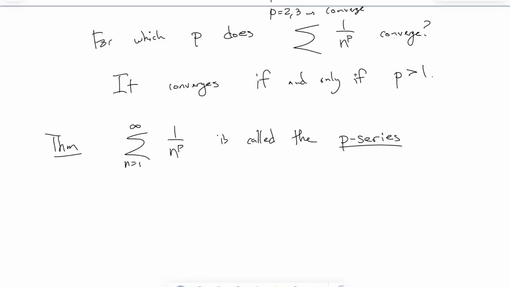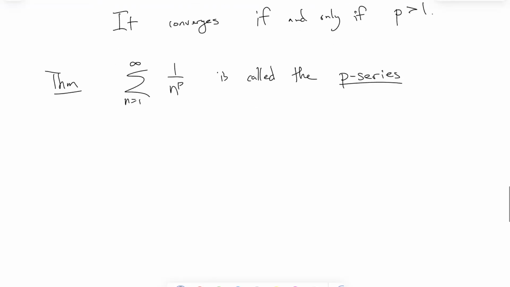You can call that variable whatever you want. You could call it S, and then it would be the S series. I don't have a better idea, but I don't like naming things after names of variables. Anyway, that's called the p series. I don't make the rules here.